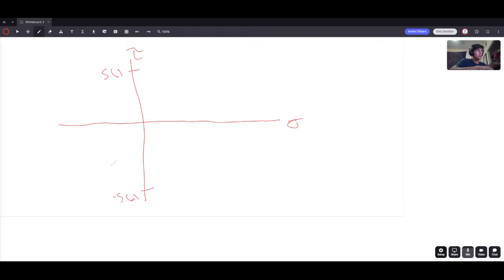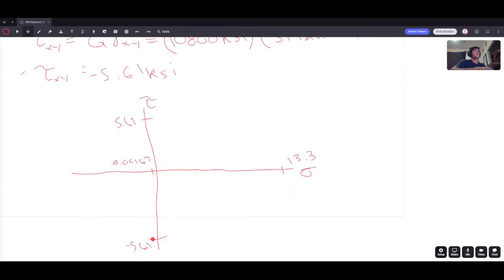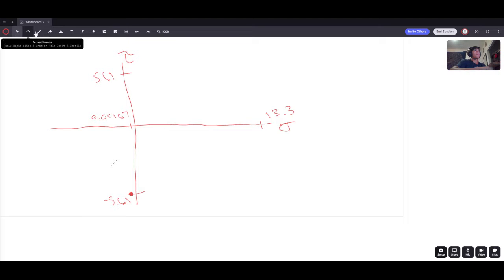Starting with sigma y, which came out to be negative 0.00167, that's going to put us right here. And then for sigma x, which was 13.3, up to 5.61, should put us right there.